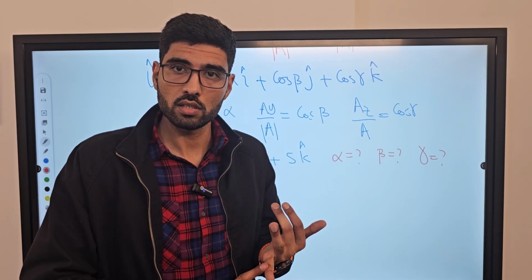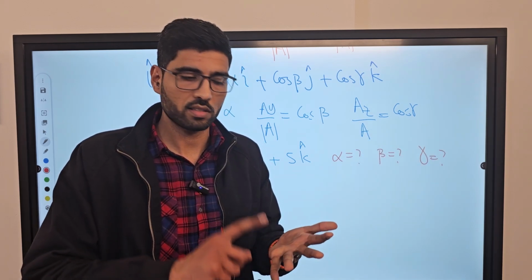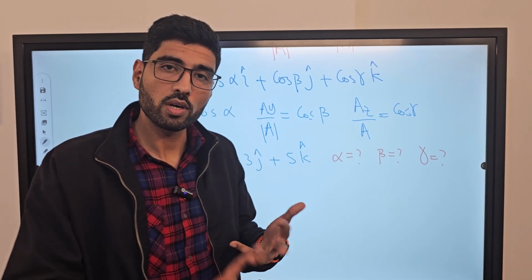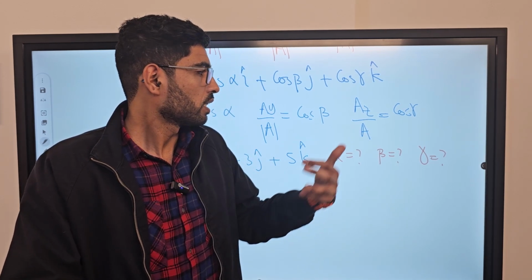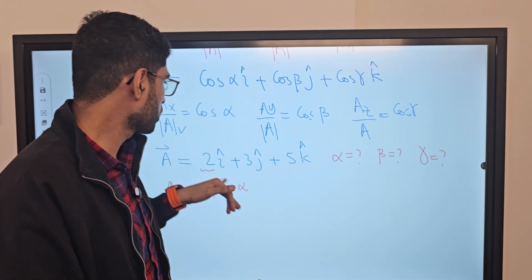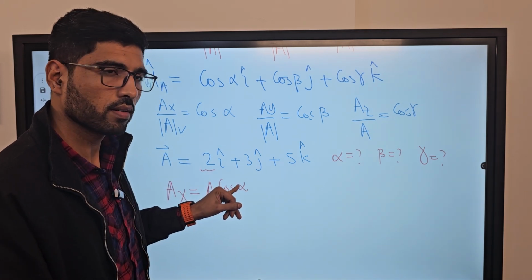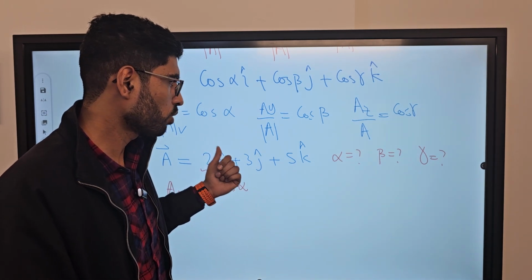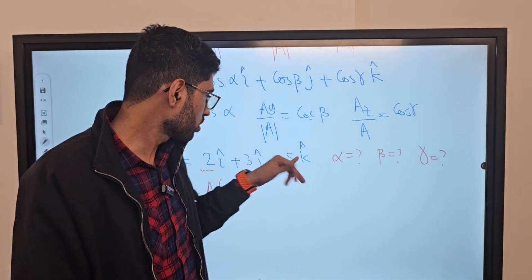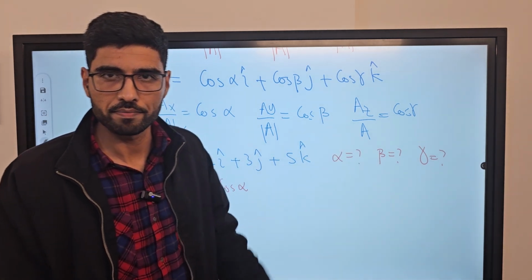So ax, ay and az will be the cos components in terms of alpha, beta and gamma. So this 2 will be equal to a cos of alpha, this 3, which is the y component of this a vector, will be a cos of beta, and this 5, which is the z component of this a vector, will be a cos of gamma.